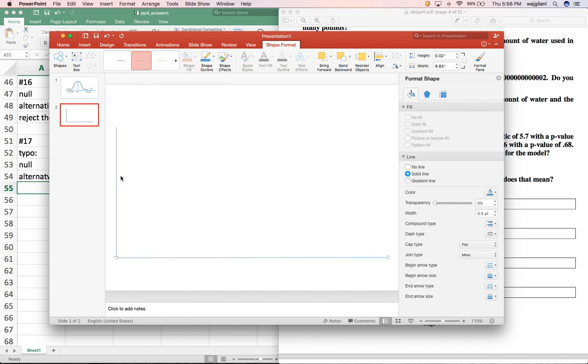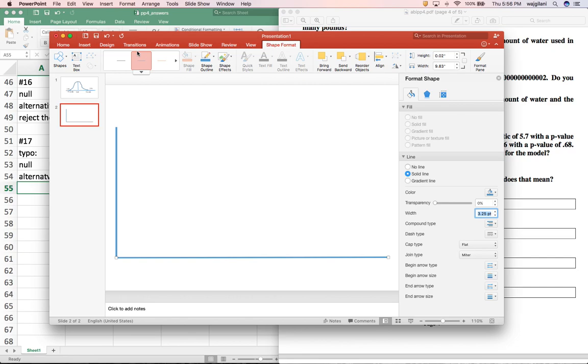Let me make the lines a little bit more solid, and make this one heavier. Now I'm going to do my little freestyle drawing.